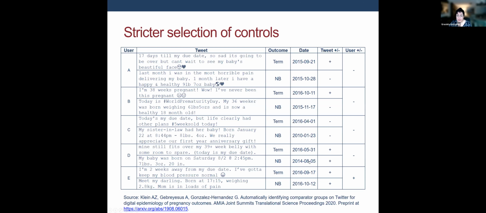Sometimes we will get different pregnancies, like 2016 for one of them, but 2014 for another, and so on. So there are many reasons where even if we get positive information for each of these independently, when we put it together, it doesn't work. So that still leaves us with no user in this case. Only the last one we will count as having a term and normal birth weight.